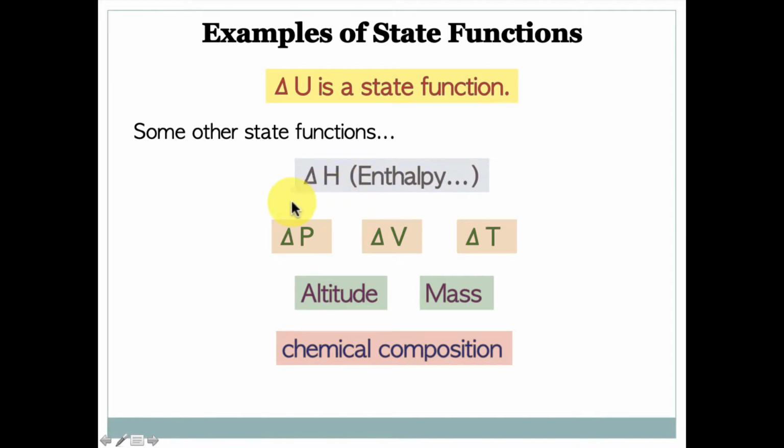The enthalpy, delta H, is a state function. So it only depends on the initial and the final state, not how you get there. The change in pressure, the difference in volume, the change in temperature, the altitude, the mass, and also chemical composition are examples of state functions.